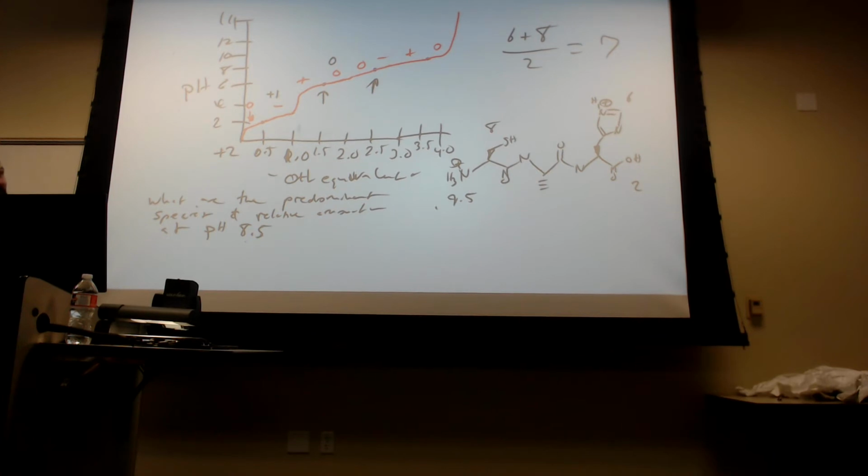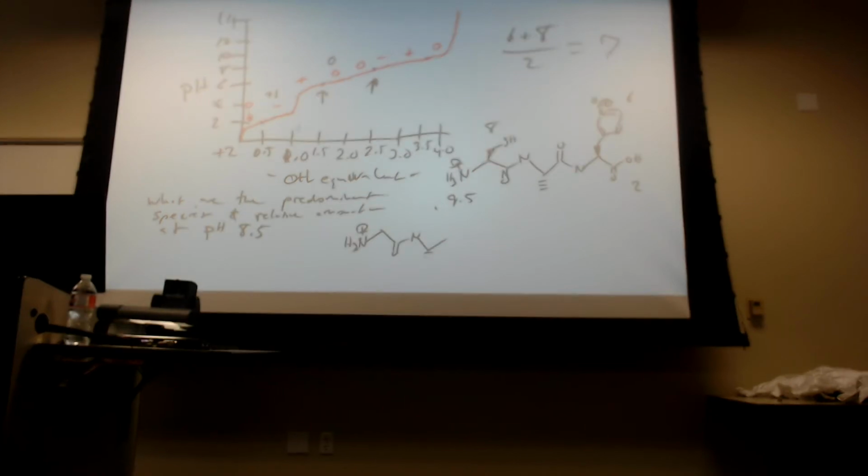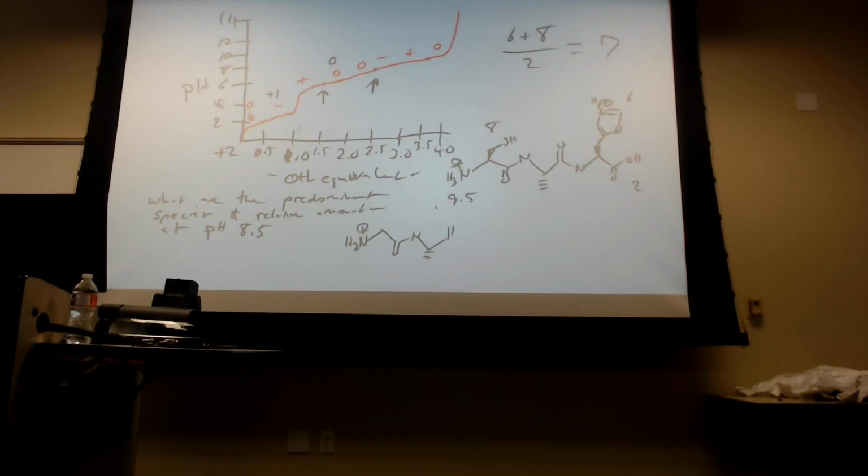Okay, well, I know 8.5 is above the pK for cysteine, so I've got to draw the structure of it before it's deprotonated. So we're still going to have this, H3, and one will be the protonated form of cysteine.